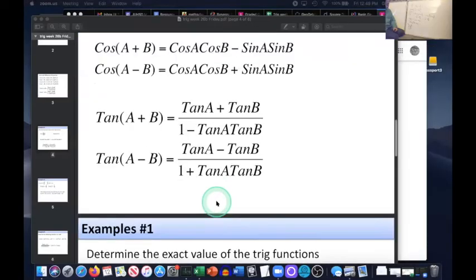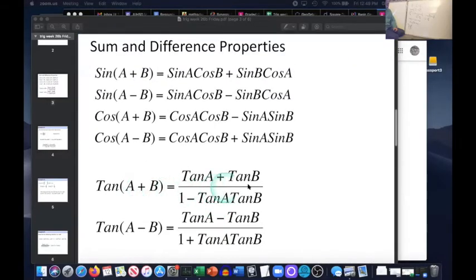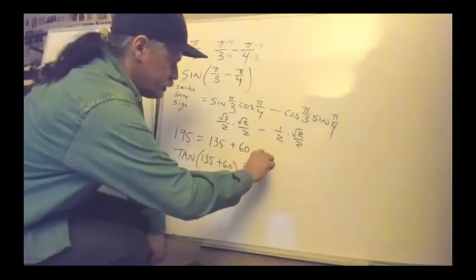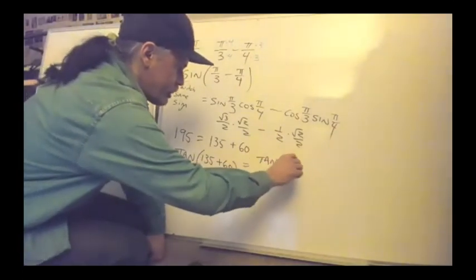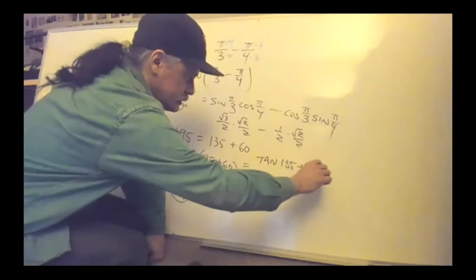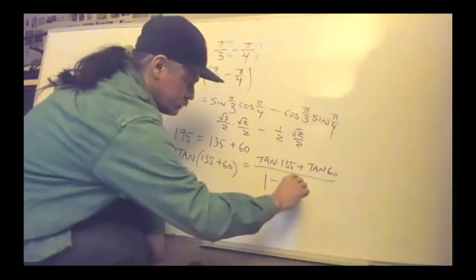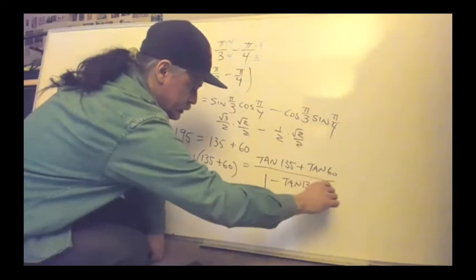Okay, so we're going to do this one now. So the sign is always the same on top. So if it's plus, then it's plus on top. Okay, so then tangent of 135 plus tangent of 60, and then 1 minus tangent of 135 times tan 60.